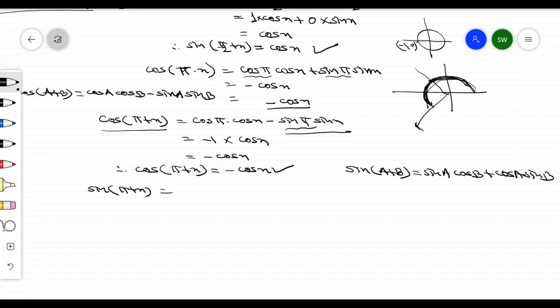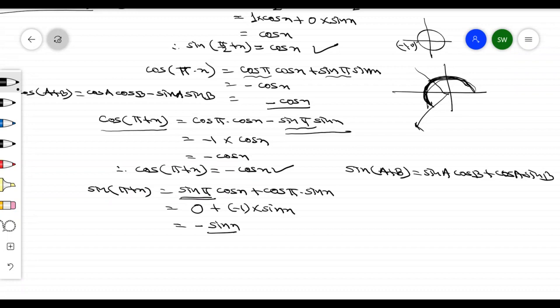So sin(pi plus x) is sin pi into cos x plus cos pi into sin x. Sin pi is 0, so this will be 0 plus cos pi, again minus 1, into sin x, so that is minus sin x. So sin(pi plus x) can be written as minus sin x.